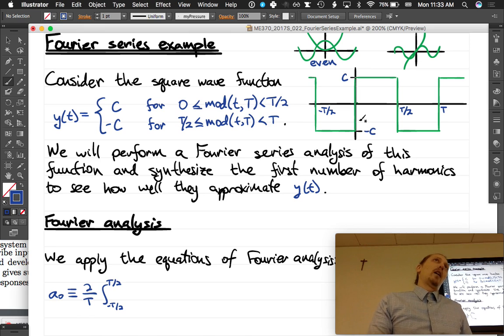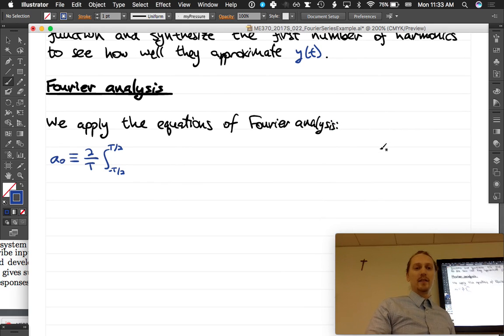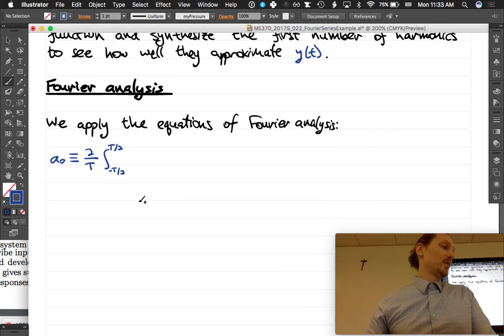So I would encourage you, in this case, not to choose T over 4 to 3T over whatever, from T over 4 to 1 and a quarter T. That just wouldn't make sense, because then you have to break it into 3 intervals, whereas you can break it into 2 intervals if you start from negative T over 2 and go to T over 2, or if you go from 0 to T. If you didn't follow that argument, don't worry about it. It's not a big deal.